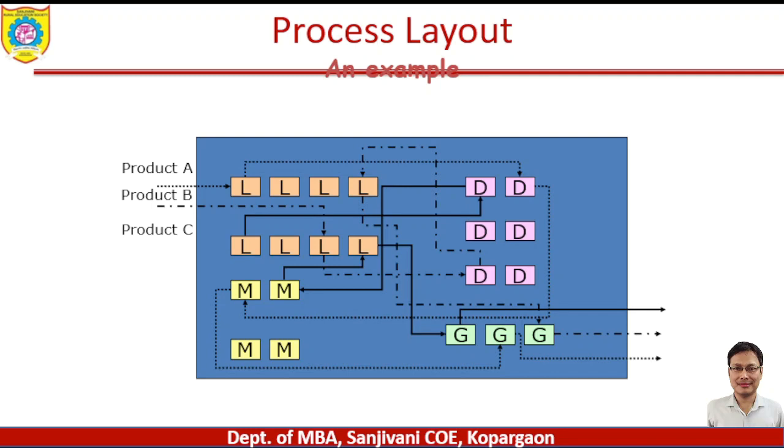See, all L are put together, and all D resources or functions are put together. Likewise, M are put together and G are put together. And the products A, B, and C are made to flow passing through these functions as per the requirement of the production sequence.